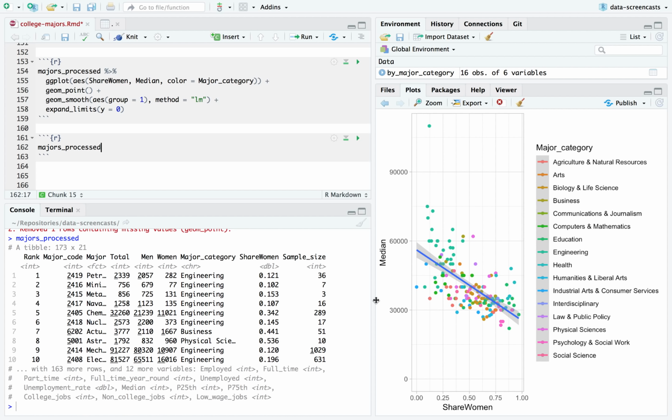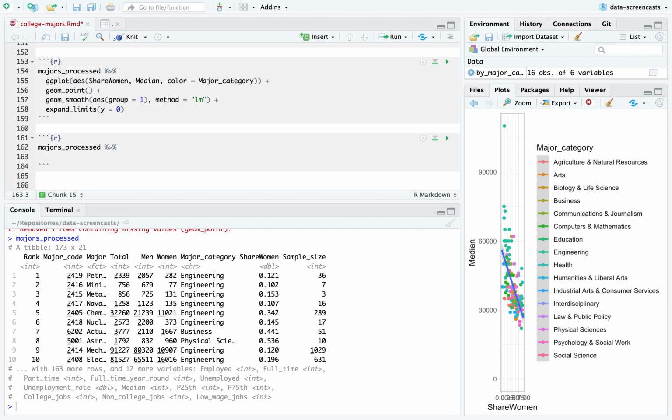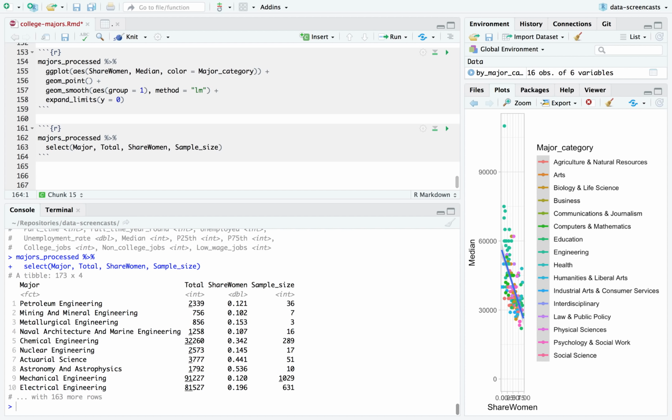What I'm looking at here is which variables we are going to include. I'm going to look at major, for sure, total, always nice, share women, and sample size. Sample size is going to be really critical here, and then median.